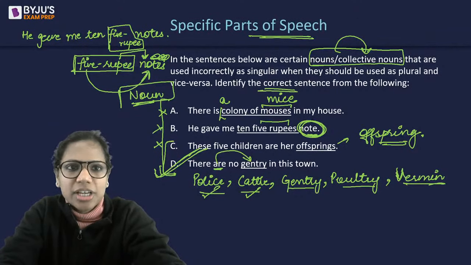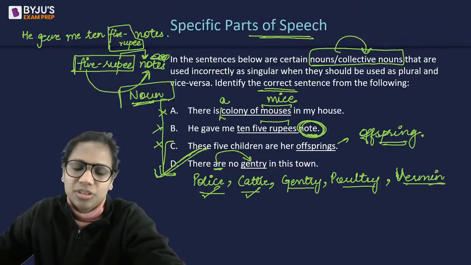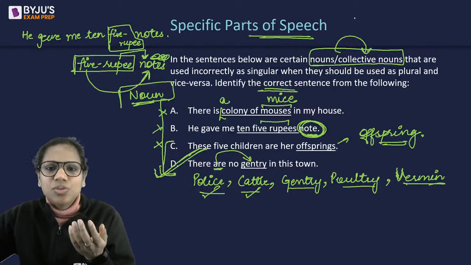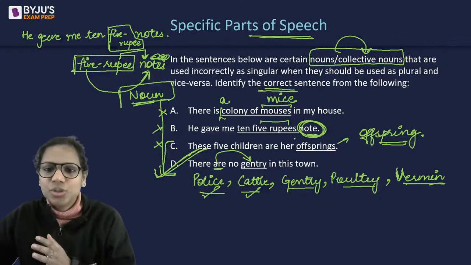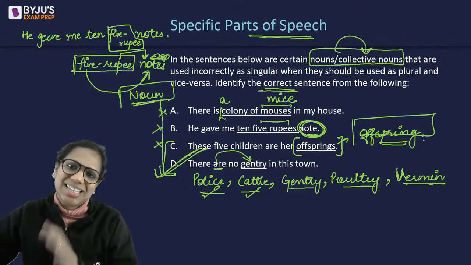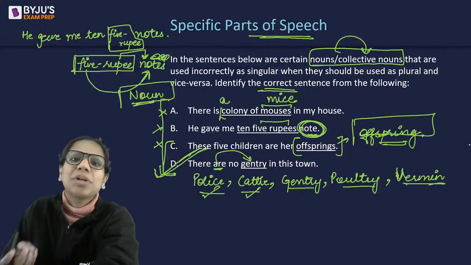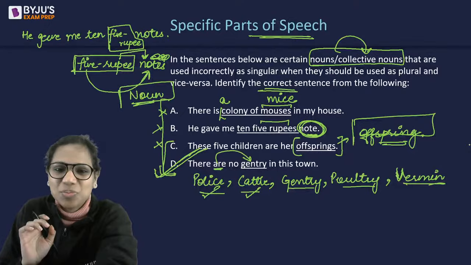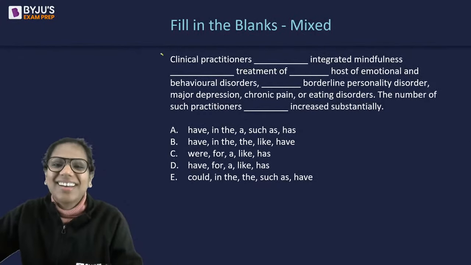I double checked it with some dictionaries before bringing this question to you. Recent usages do accept offsprings, but the traditional, standard usage, if you look up the Oxford Dictionary, says that the plural is offspring itself, right? It refers to whatever has sprung out from a human being. That's the idea, okay? The product of his or her efforts, let's say.